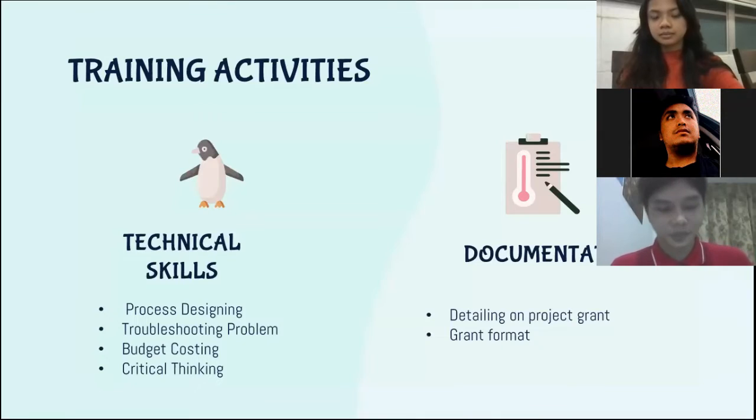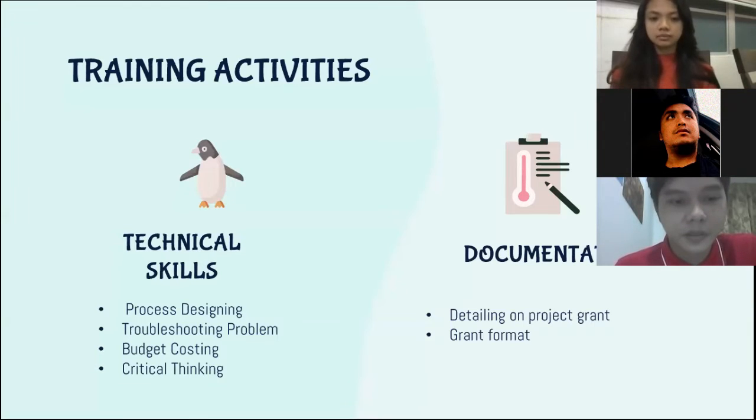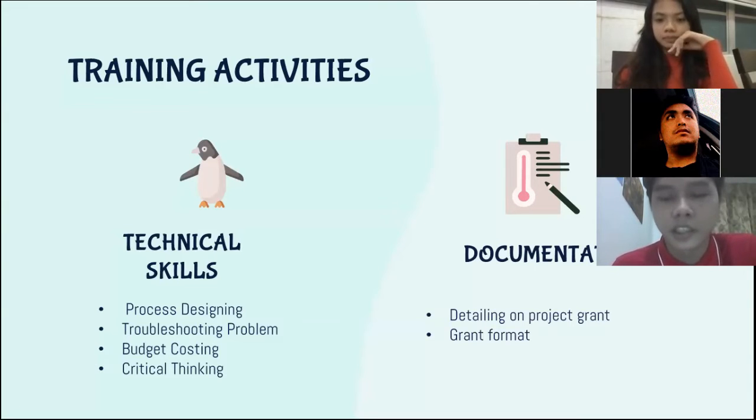Okay, so next I want to explain what the training activities were during my time at Green Inc. So first is technical skills. In technical skills, we have process designing, troubleshooting problems, budget costing, and also critical thinking.